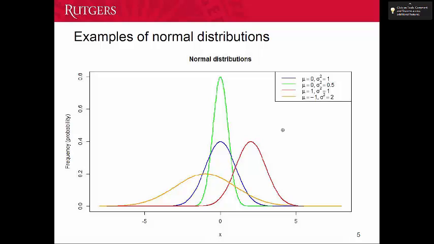There are some other normal distributions that are not standard. For example, on this slide you can see 4 normal distributions. However, only one of them is a standard normal distribution, as the blue one shows.